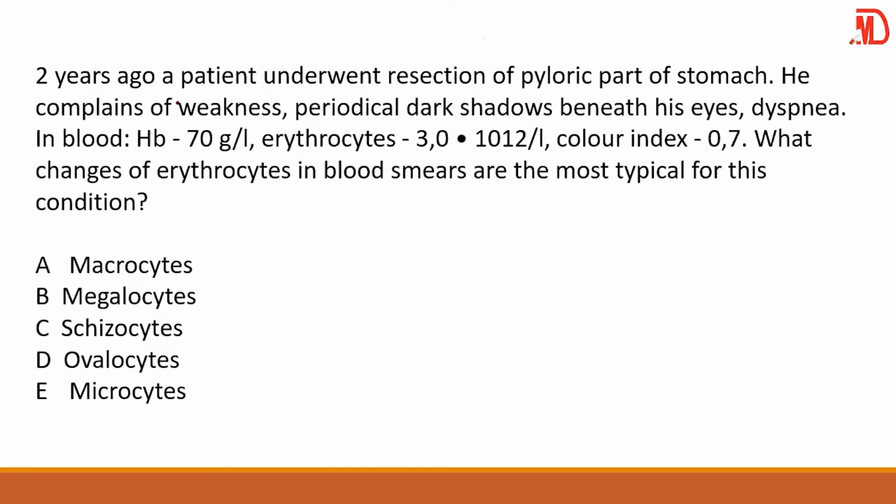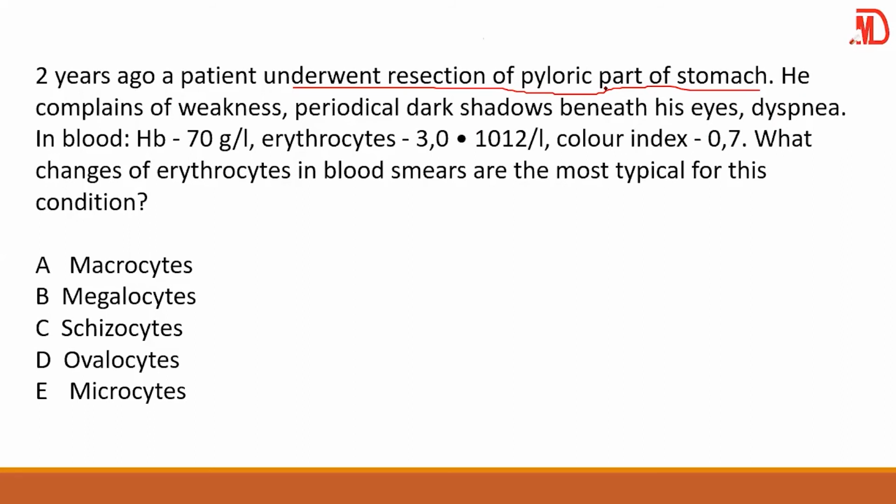All right. Two years ago, a patient underwent resection of the pyloric part of the stomach. Again, anytime you see a problem, either a disease or a condition that happened, always look at the complication of such a phenomenon. So we're going to look at the complication of the resection of the pyloric part of the stomach.